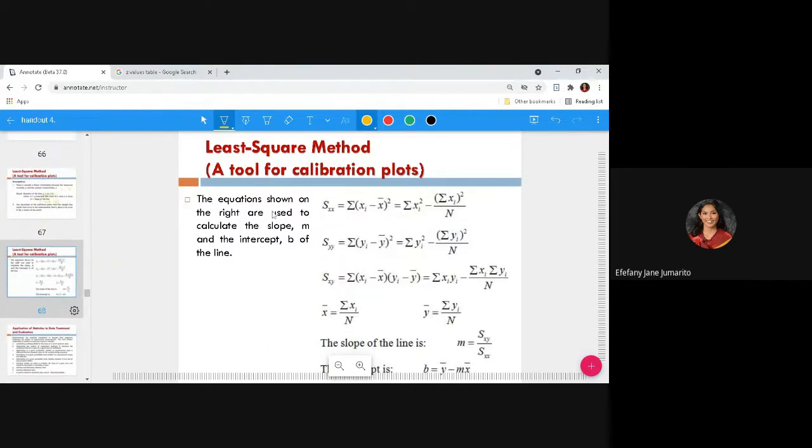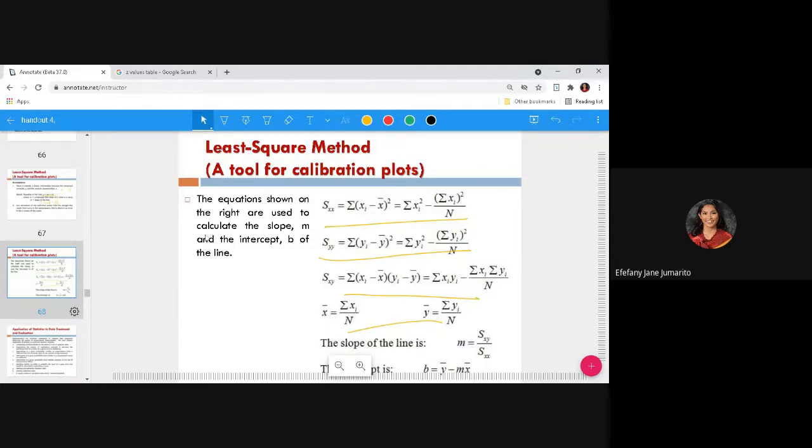Using your least square method, the formula is very complex. However, it can be simplified using your calculator and using Excel.